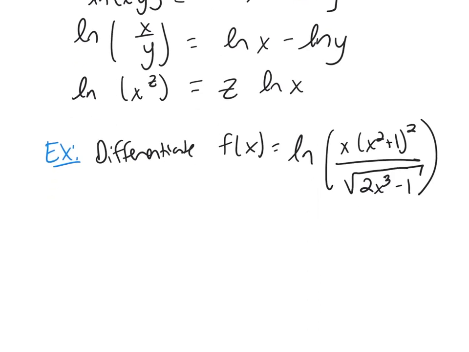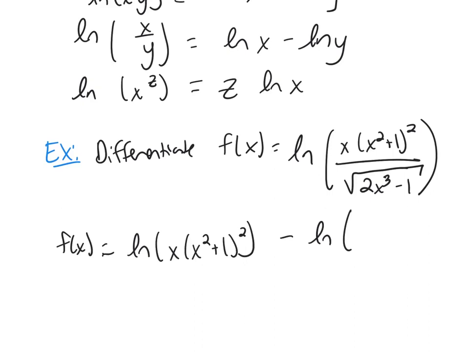So let's see, can I rewrite this function? It would be ln of x times x squared plus 1 squared minus, and I'm going to go ahead and write this denominator with a 1/2 power. This would be 2x cubed minus 1 to the 1/2.